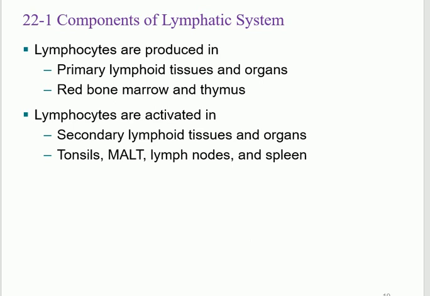Where do we make the lymphocytes? Red bone marrow and thymus, okay? And also the lymphoid tissues and organs in all of these, right? And which one is activated by the thymus? Which lymphocytes? T. So where do we produce T and B?